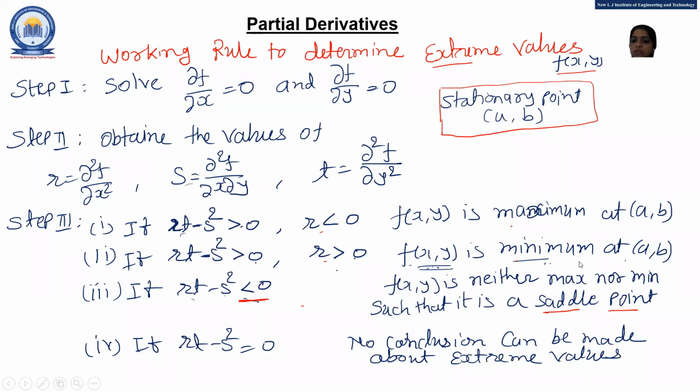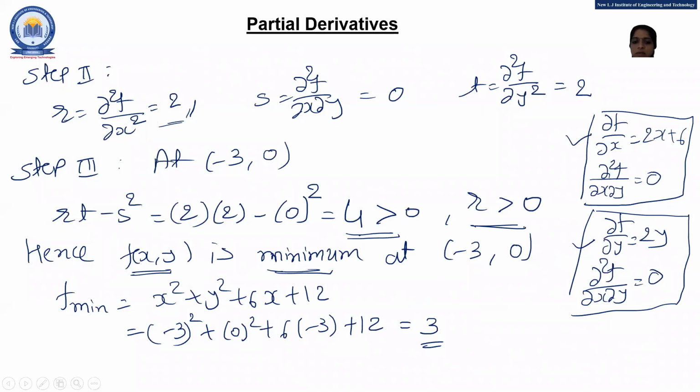That's why our function gives a minimum value. Understand, Rehan?